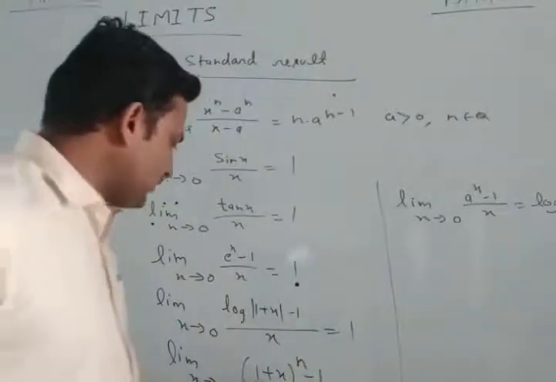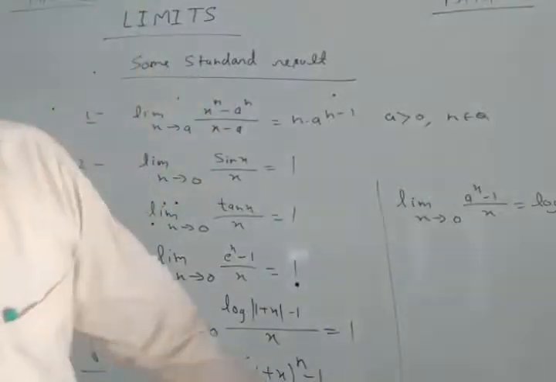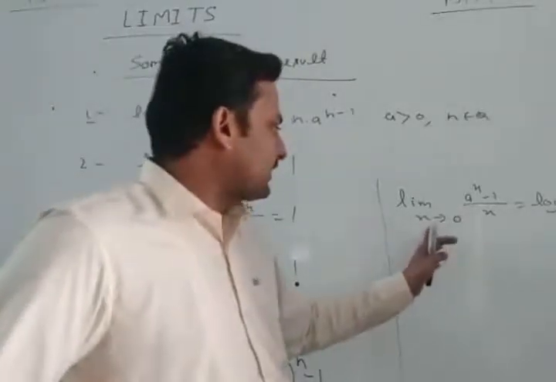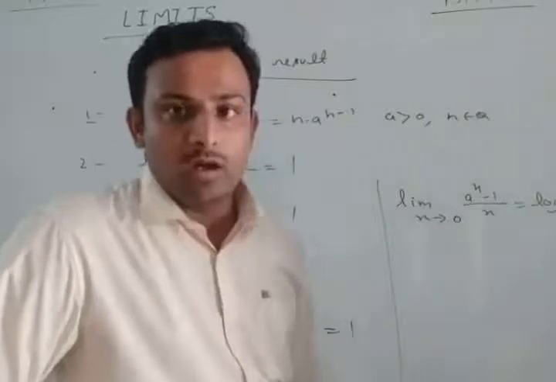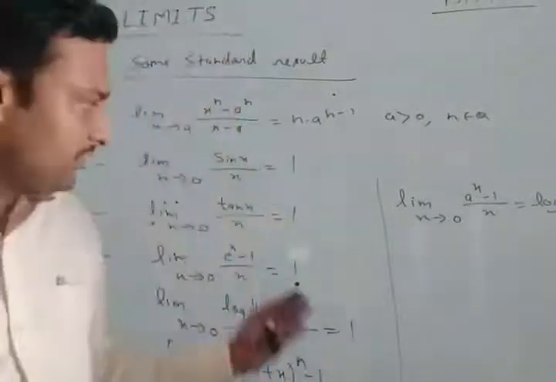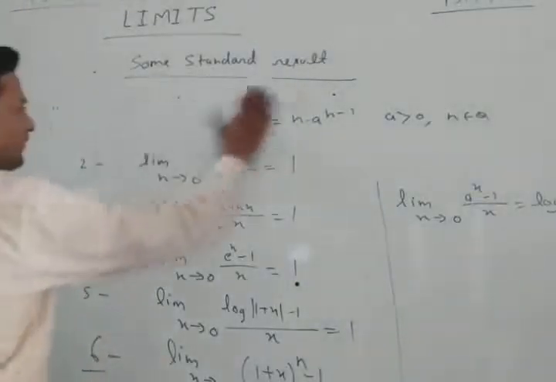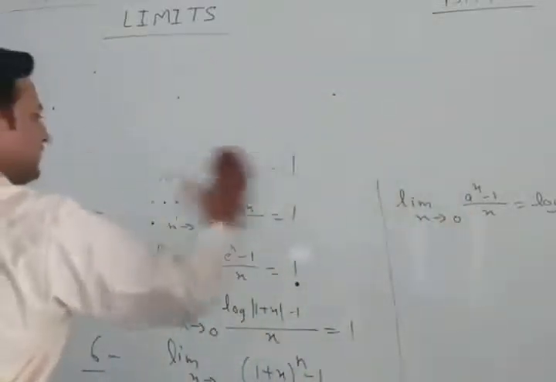Limit x tends to 0 (1 plus x) to the power n minus 1 by x, we will directly use n. And the last one, x tends to 0 a to the power x minus 1 by x is equal to log a. So we will directly use these standard results in the questions. Let's see some questions of your exercise of your NCERT book.